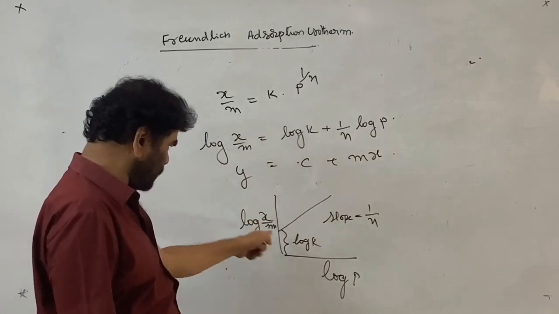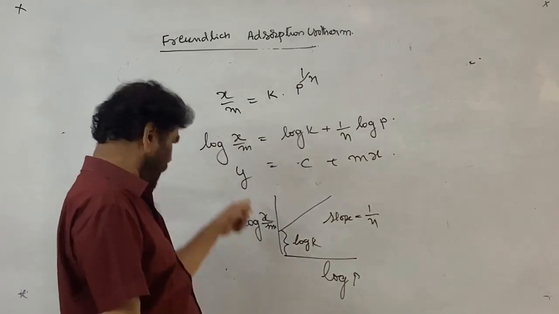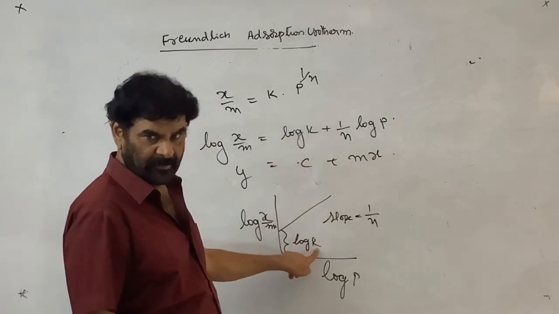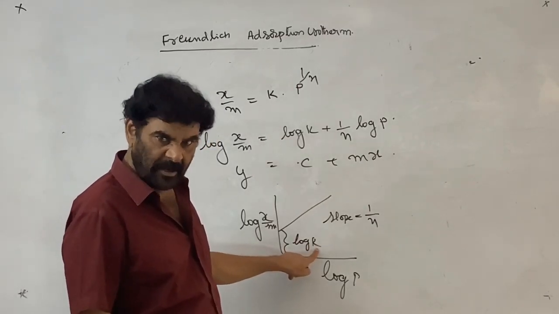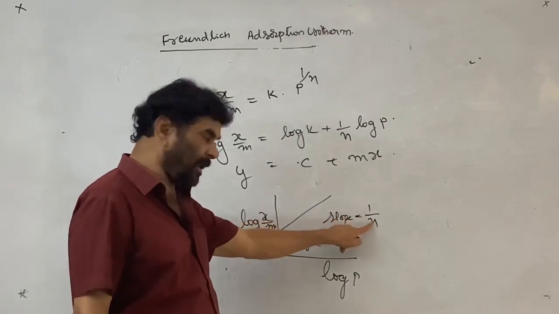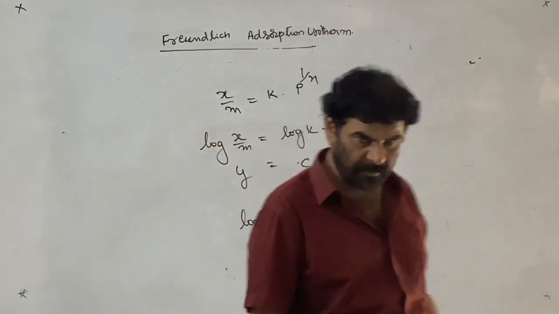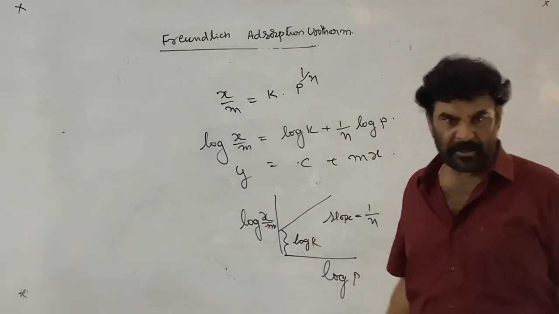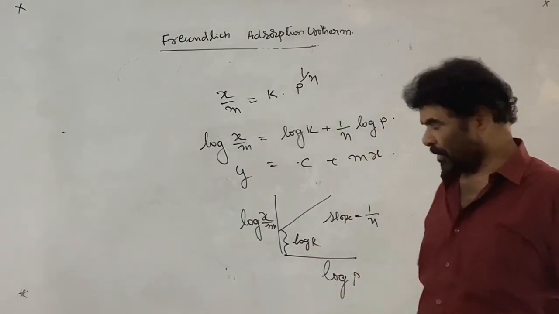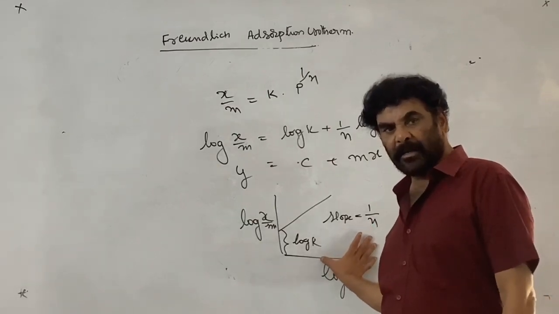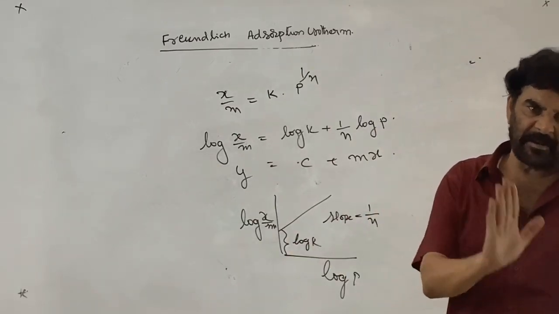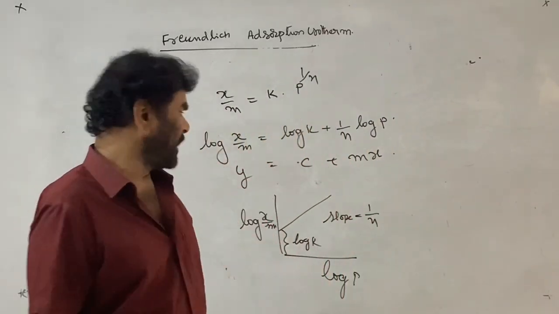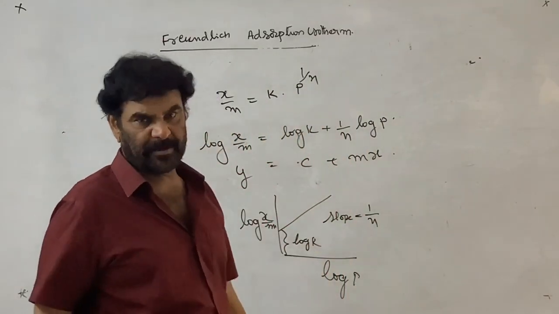By using the experimental data in the logarithmic plot, we can find out log k, which is a constant of the adsorption, and n, a constant of the adsorption. These two values are not the same for all adsorption processes; they depend on the nature of the adsorbent and the nature of the adsorbate gas used for the experiment.